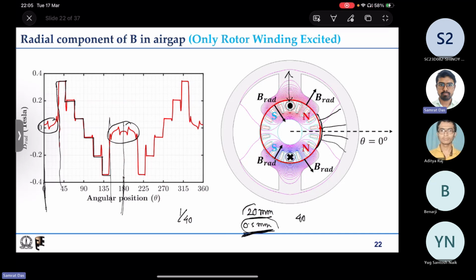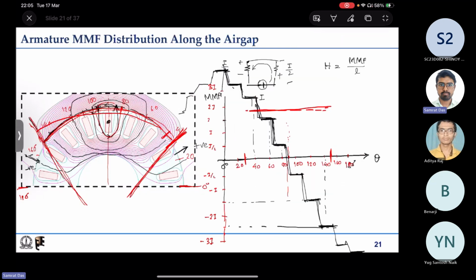Now you have some sense of why the B distribution is the way it is. We discussed it directly last day, but now I think it gives better clarity. So do you have any question regarding this?